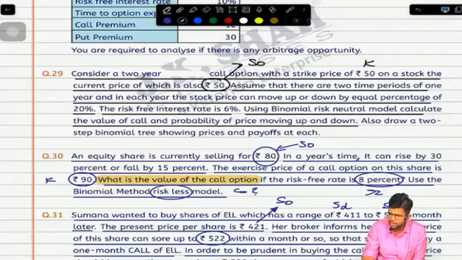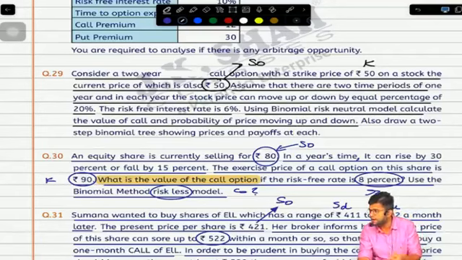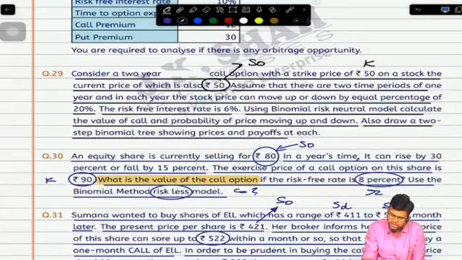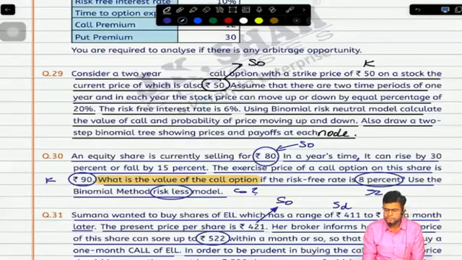Now can I say, in the process of calculating value of the call, the PU and PD are anyways calculated. Everybody clear, no? Also draw a two-step binomial tree showing prices and payoffs at each node. It is said each node. Okay, using prices and payoffs, showing prices and payoffs at each node. Can I say in my explanation, binomial tree also is there.